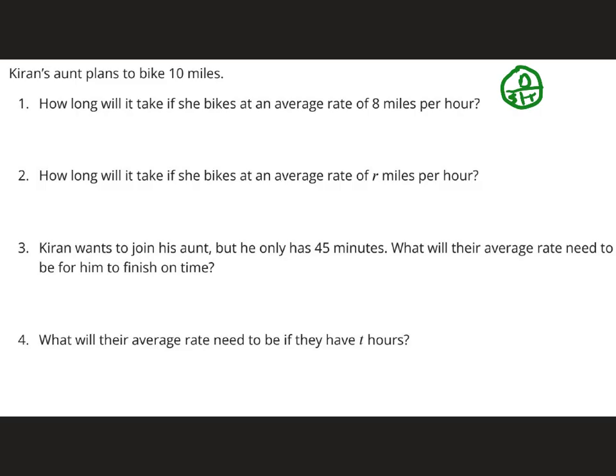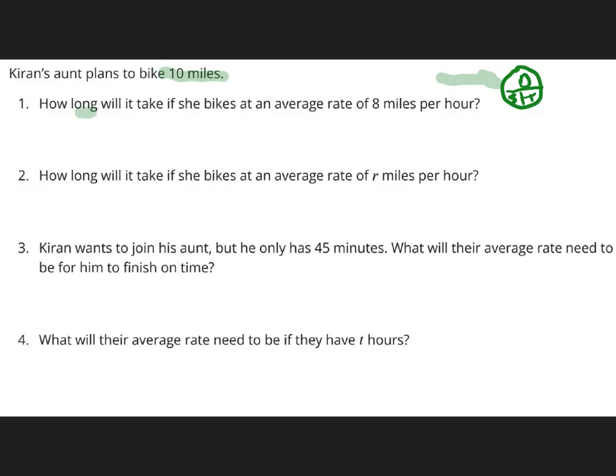Karan's aunt plans to bike 10 miles. So I put my distance, speed, and time circle over here. Basically, put your finger over the one you're looking for and you know what to do with the other two. So how long will it take if she bikes at an average rate of 8 miles an hour?